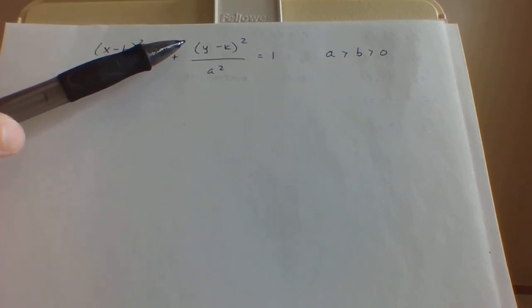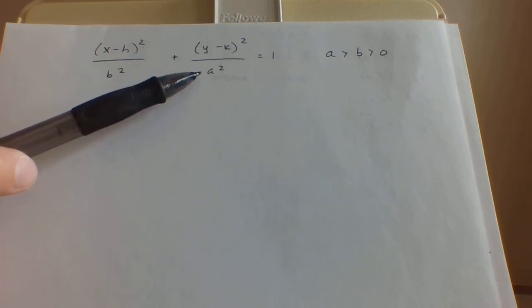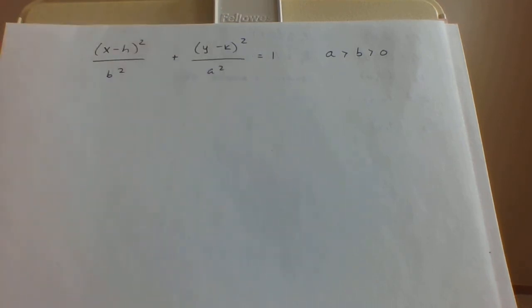Now let's also take some time to talk about what happens when your major axis is along your vertical axis, or your y-axis. So let's talk about this equation. We've got x minus h, the quantity squared, over b squared, plus y minus k, the quantity squared, over a squared equals 1.